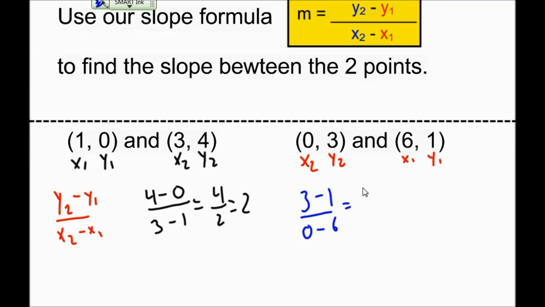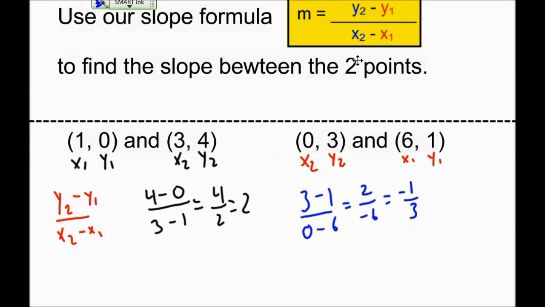Well, when I simplify this, this gives me 2 over negative 6. And to finish this off, I know that 2 is divisible by 2, negative 6 is divisible by 2, so this gives me negative 1/3. So my slope of the line that goes through these 2 points is negative 1/3.